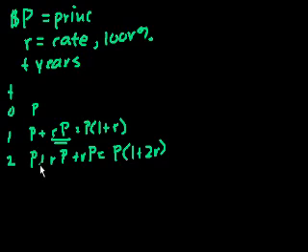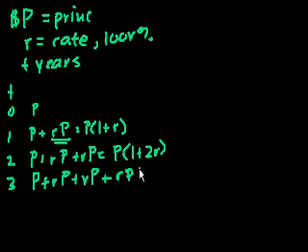And just take the P out, and you get P times 1 plus 2R. And then in year 3, we'd owe what we owed in year 2, so P plus RP plus RP, and then we just pay another RP, and so that equals P times 1 plus 3R.